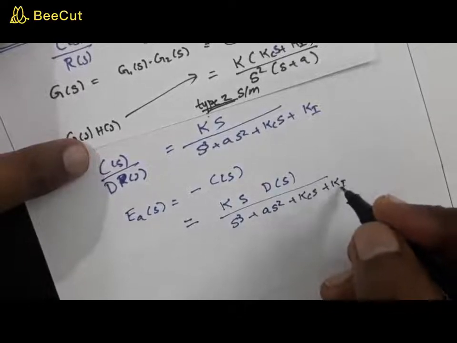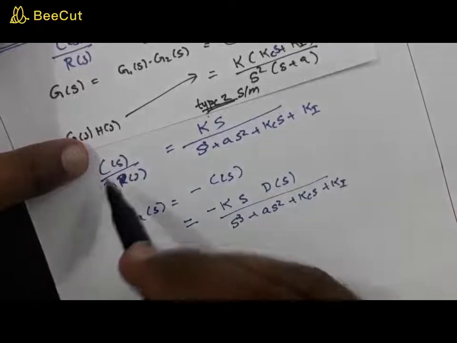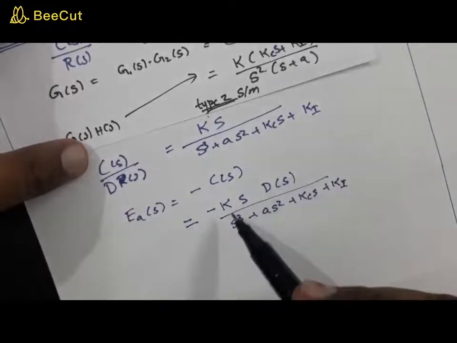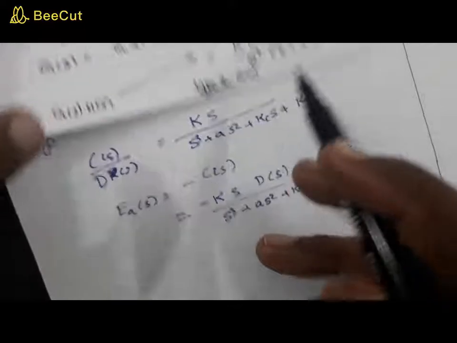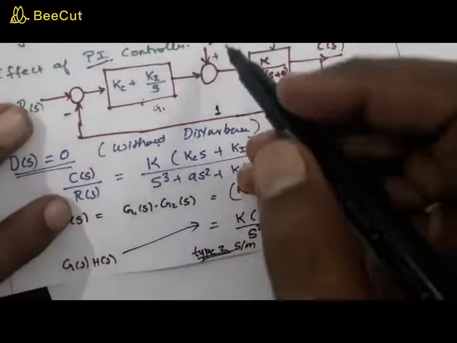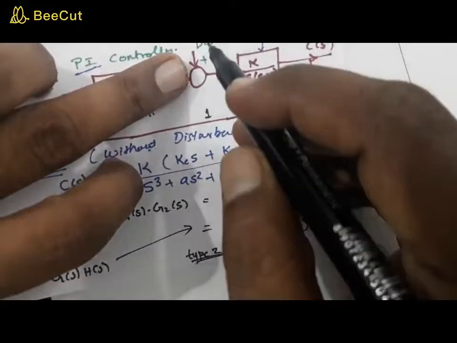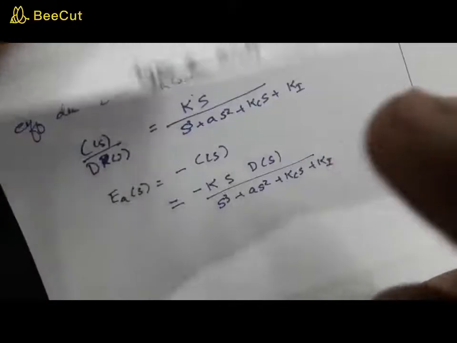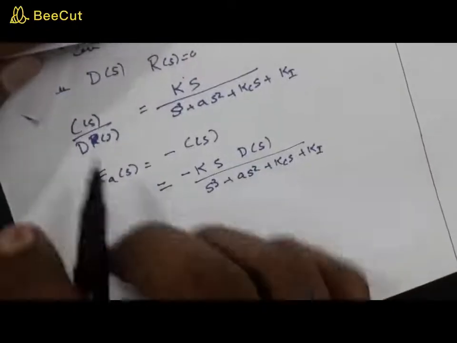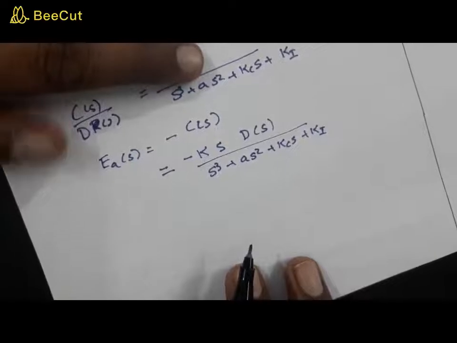This is E(s), so putting a negative sign. So from this, C(s) will be K s into D(s). Do remember that we are considering R(s) to 0, then the transfer function will be C(s) by D(s). So you may just do that correction. It is not R(s), it is D(s). So from this you got this like this.